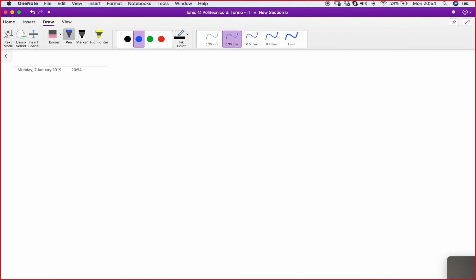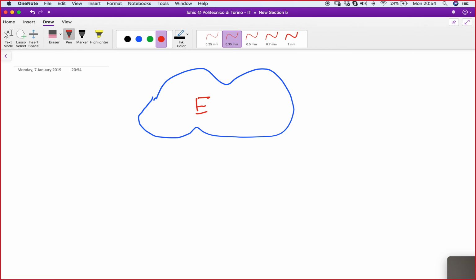Let's draw a conductor and try to understand what happens to the potential of the conductor. We know that for a conductor, the electric field inside the conductor is equal to the null vector. So the electric field is equal to 0, 0, 0 everywhere inside the conductor.